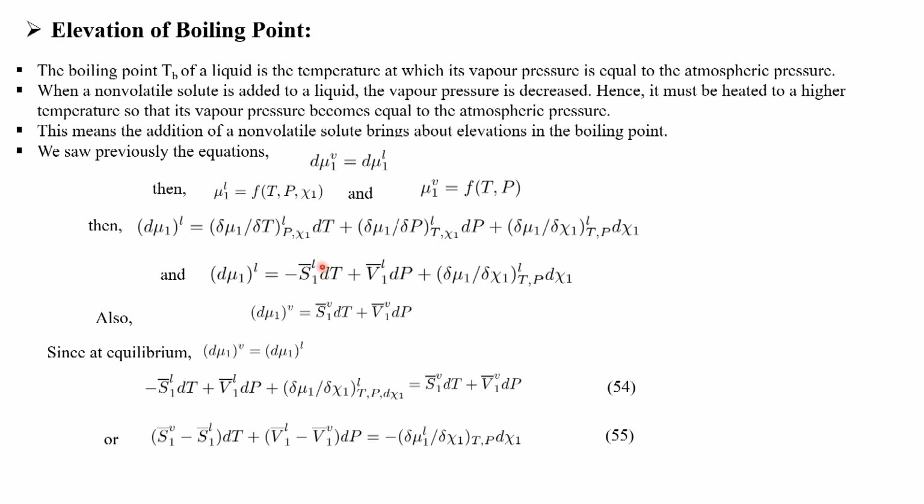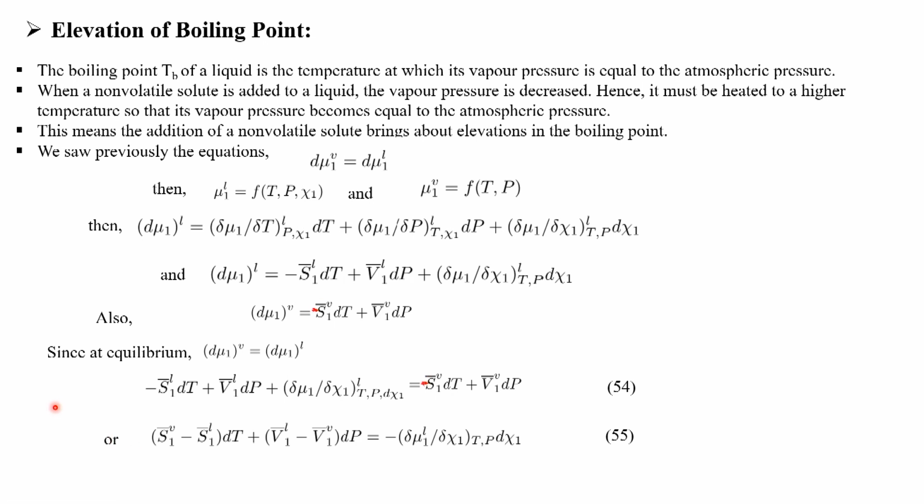That is minus S1 L dT plus V1 L dP plus del mu 1 by del x1 times dx1. And for the vapor phase we know this is minus S1 V dT plus V1 V dP.